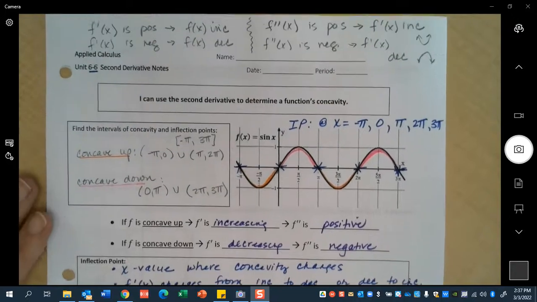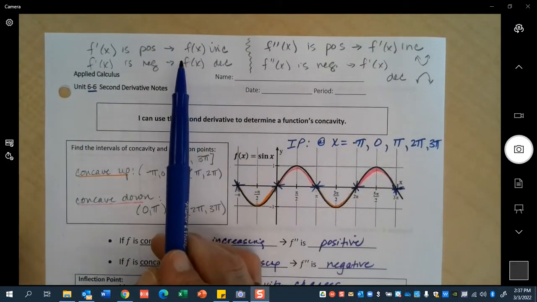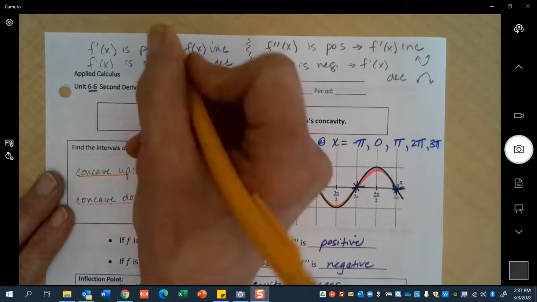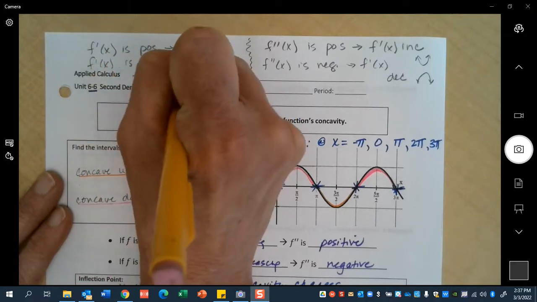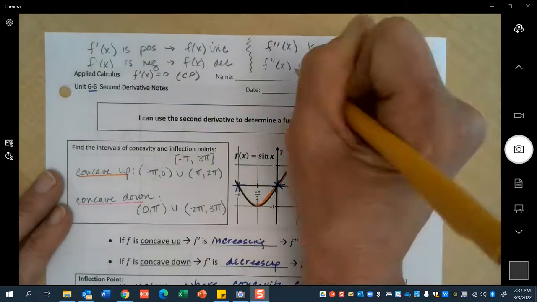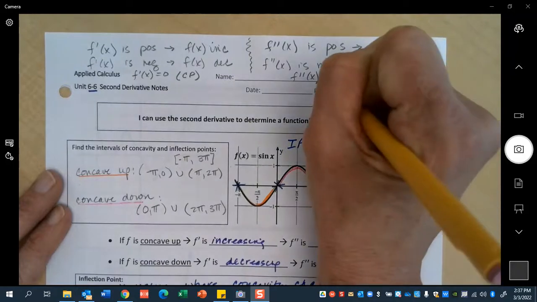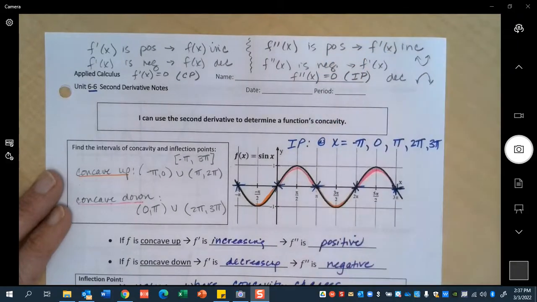If you want to come back up here to our notes, our critical points is where our f prime of x was equal to 0. If I have my f prime of x equal to 0, that's going to be my critical point. When I have my f double prime, or my second derivative, equal to 0, that's going to be my inflection point.